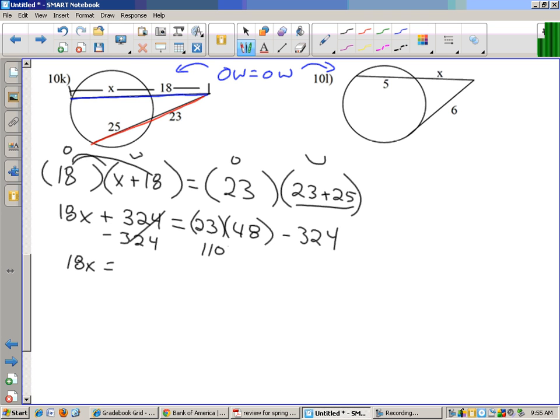And I'm going to get that 18x equals, what's 23 times 48? 1104. And subtract 324 from that. Is that 880? 780? Okay, 780. And then divide both sides by 18.